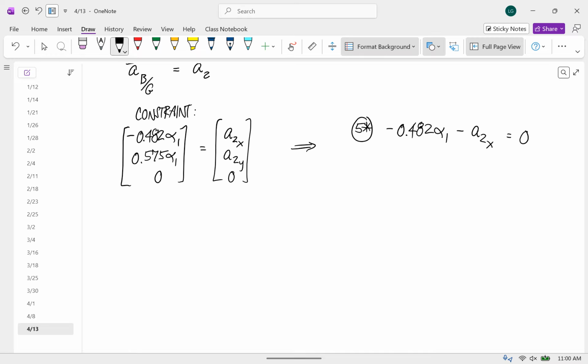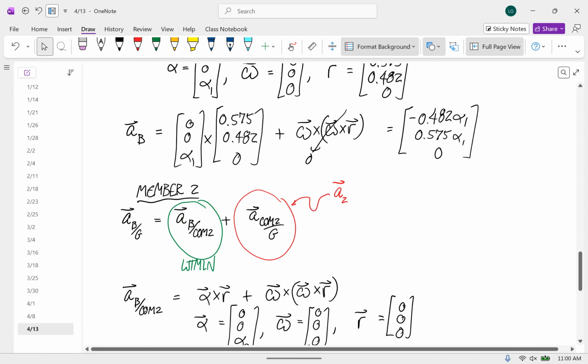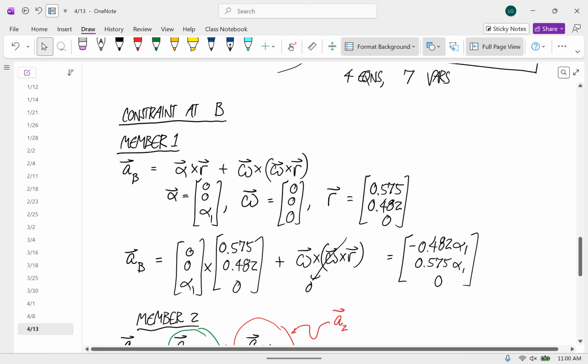Yes? The angular acceleration, should that be of 2? I think that was 1 because we got that equation from calculating the acceleration of B on body 1. So the two accelerations are equal to each other. Yeah.